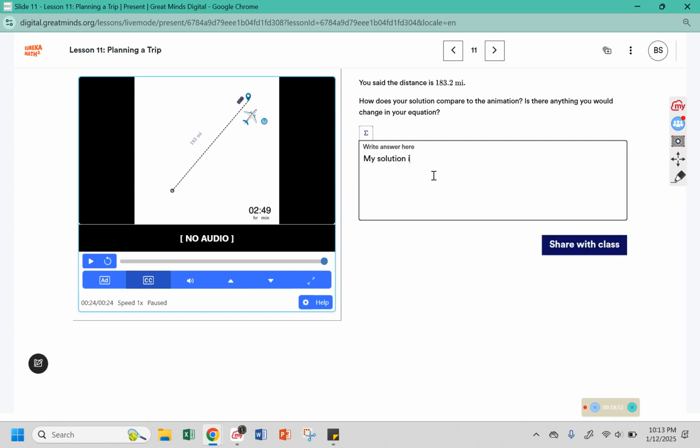My solution is the same, or about the same, as the animation. Again, it appears that they rounded to the nearest whole number of miles, and we rounded to the tenths. Is there anything you would change in your equation? I would leave my equation the same, but I would round my answer to the nearest number of miles.